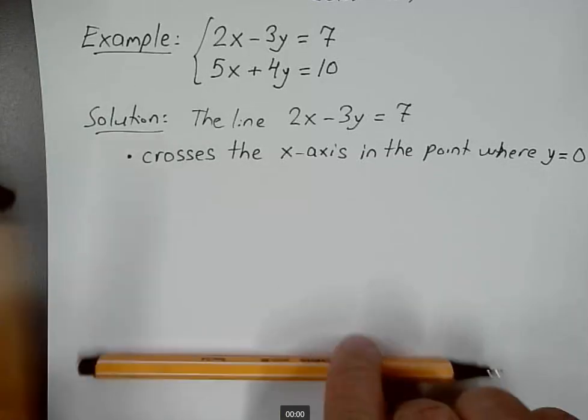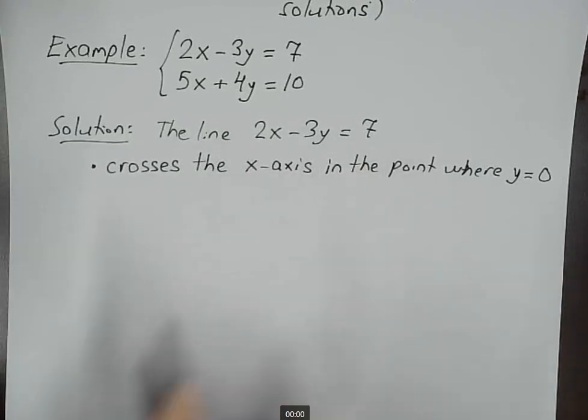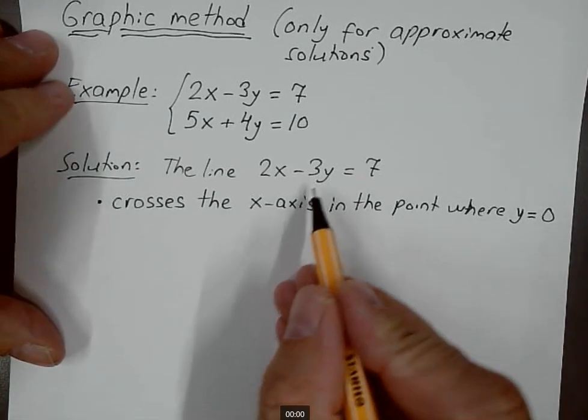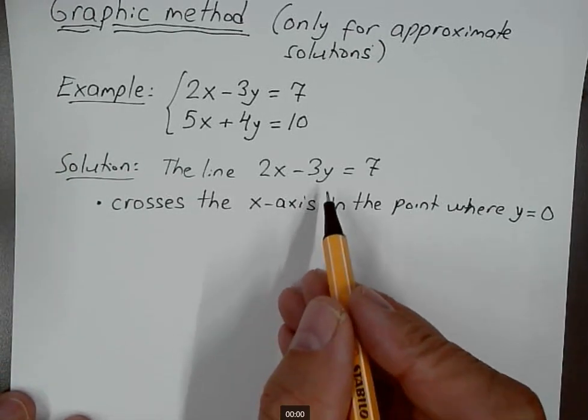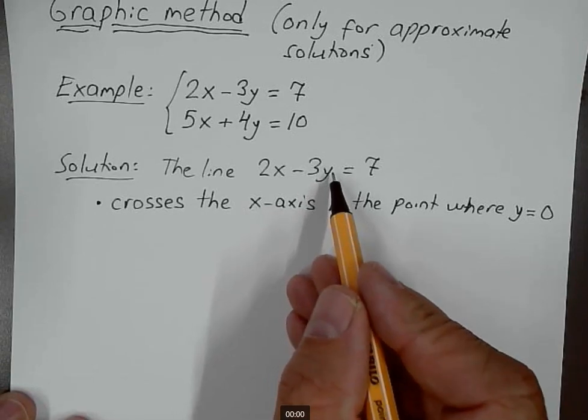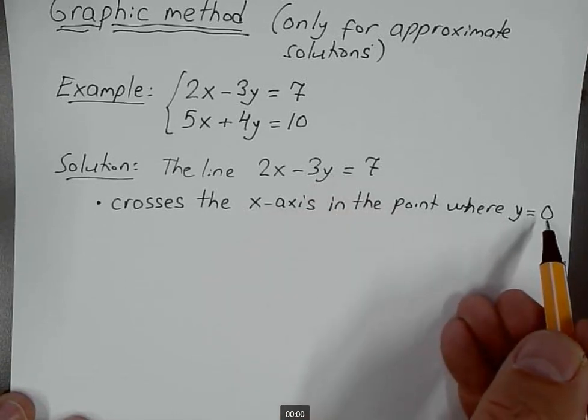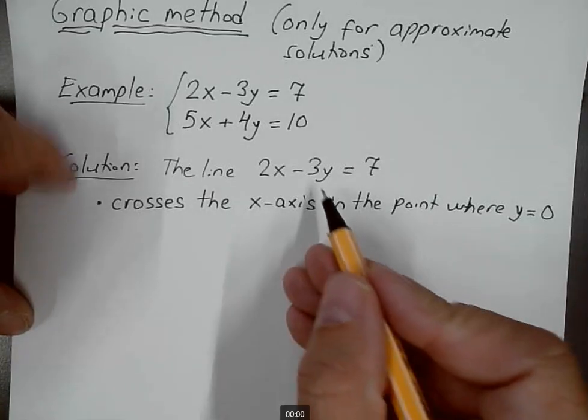So when we have this equation of the line, we may solve the point where it crosses the x-axis by substituting y with the value 0.